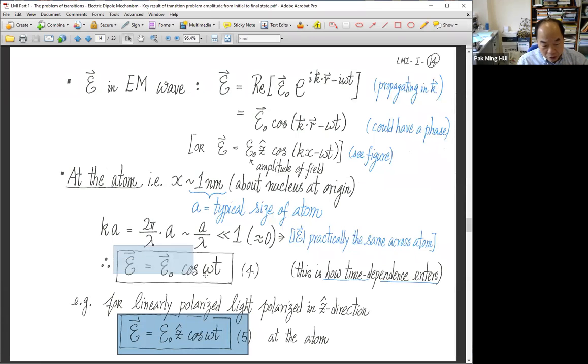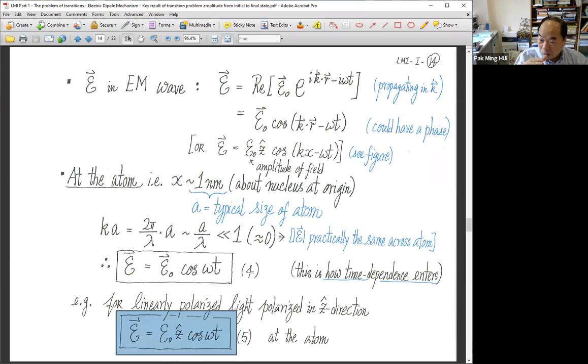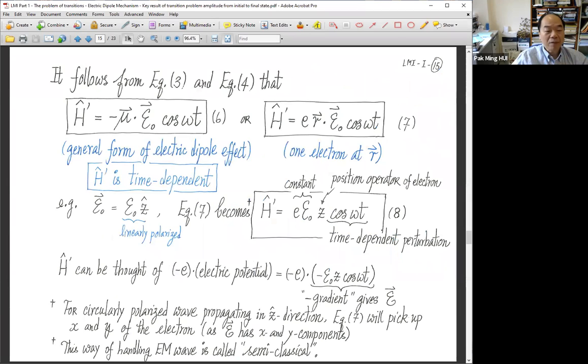From time to time, we will go back to the slightly more general form, but this is easier to follow all the physics. Therefore, we have the perturbation term, which is time dependent.